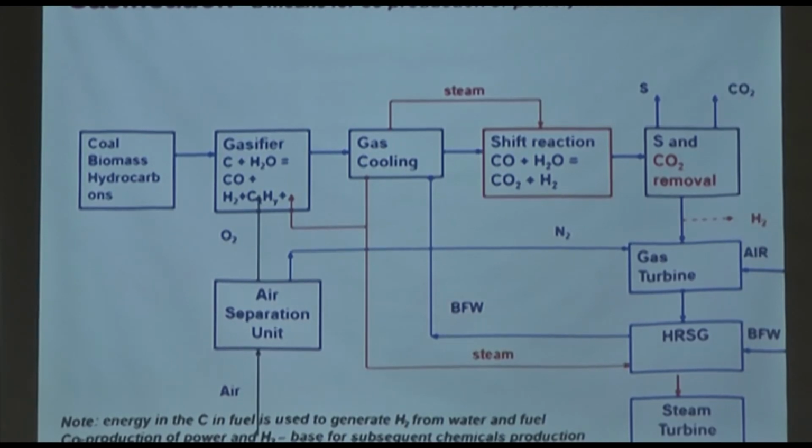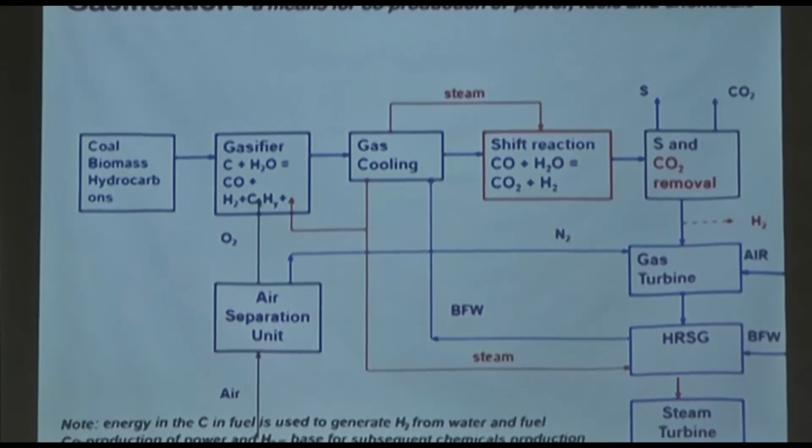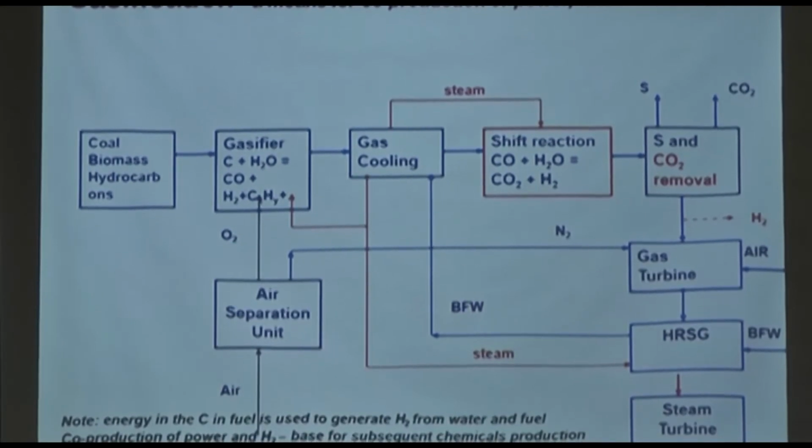It's not really a feedback loop. It's actually reusing part of the heat from the cooling back in the system, and that will be good for the system's efficiency. So it's not strictly a feedback loop. You are cooling the gas by water, generating steam in the process, using some of the steam for shift reaction, and some of the steam, if required, for gasification.